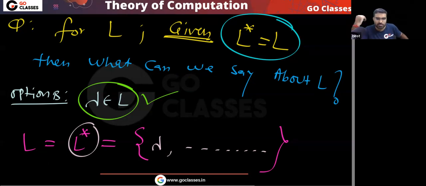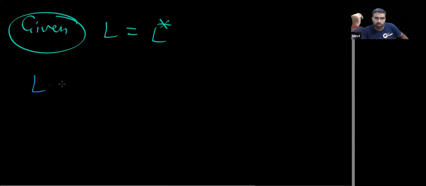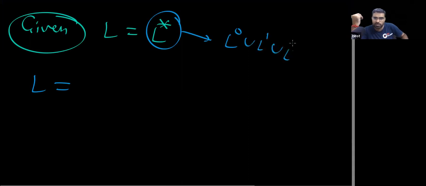Is this point clear? Notice that it is given that L is equal to L star. And what is L star? L star is L power 0, union L power 1, union L power 2, and so on. And what is this L power 0? This is the set containing empty string.